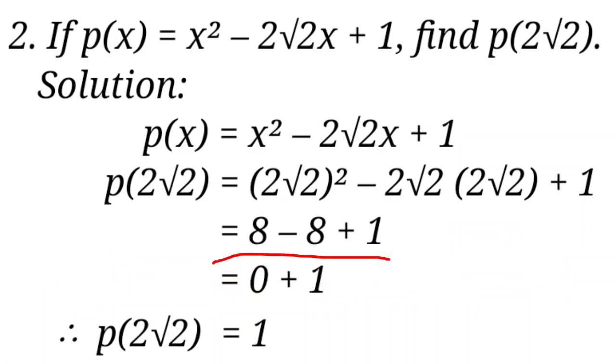Then 8 minus 8 plus 1 is equal to 0 plus 1, as 8 minus 8 cancel. So 0 plus 1, we get p of 2 root 2 is equal to 1. Therefore, p of 2 into root 2 is equal to 1.